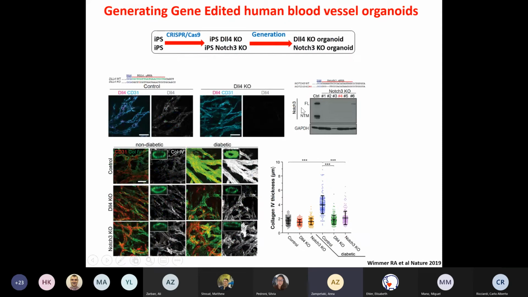So first of all, they confirmed that their gene editing worked. And then used these organoids to culture them under non-diabetic and diabetic conditions.